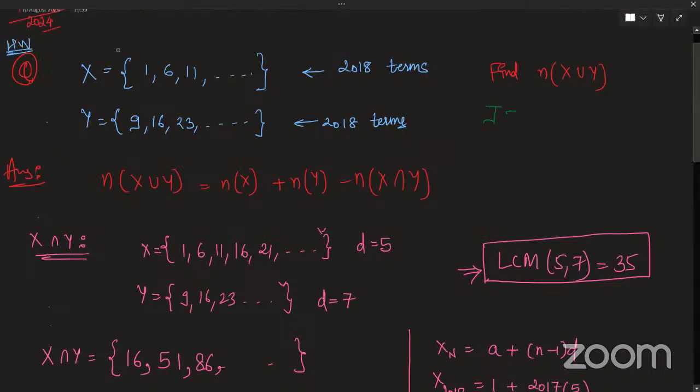Sir, what is this asking here, the number of elements in X union Y?